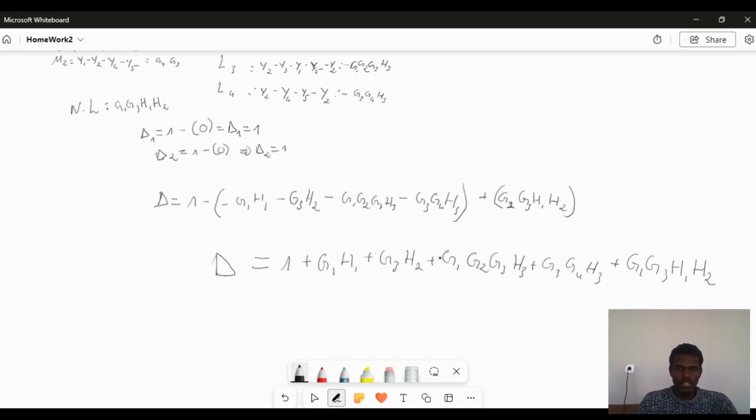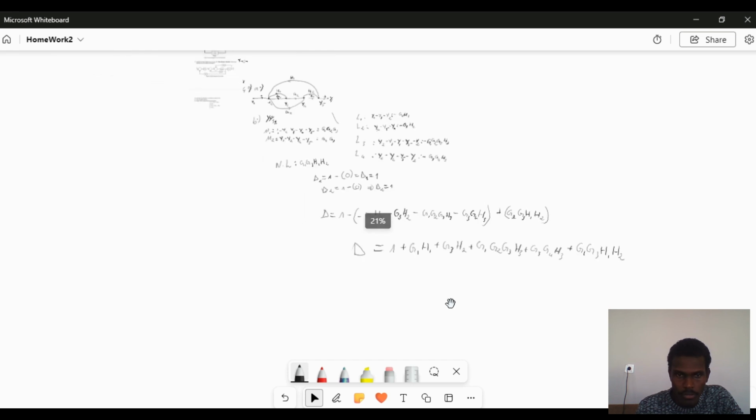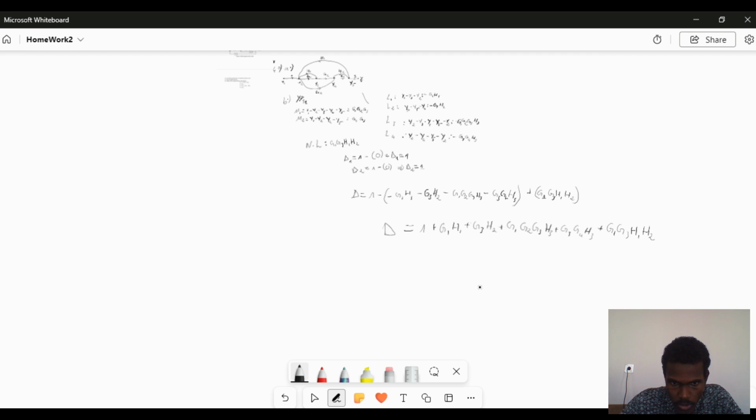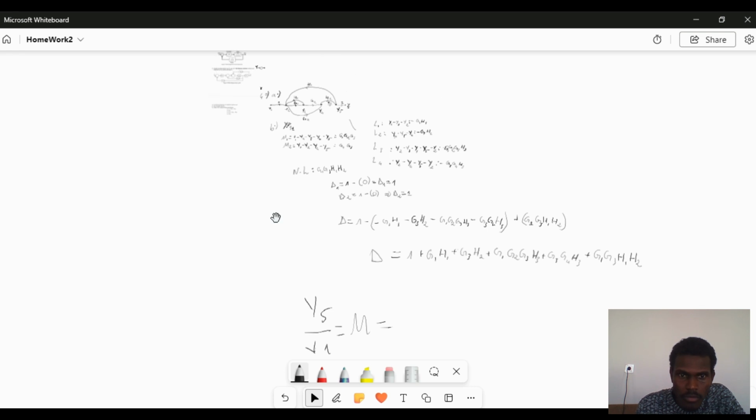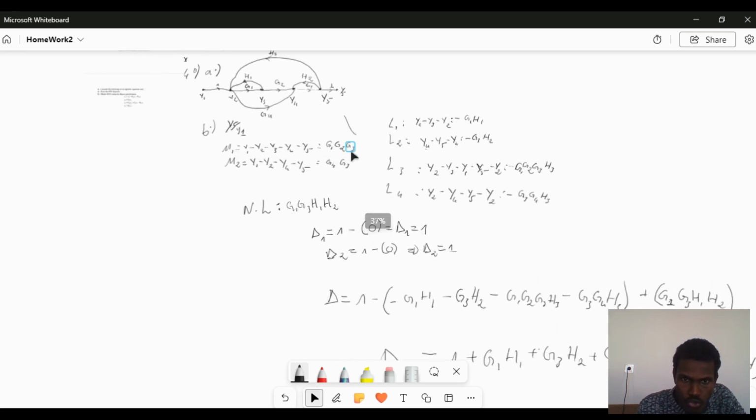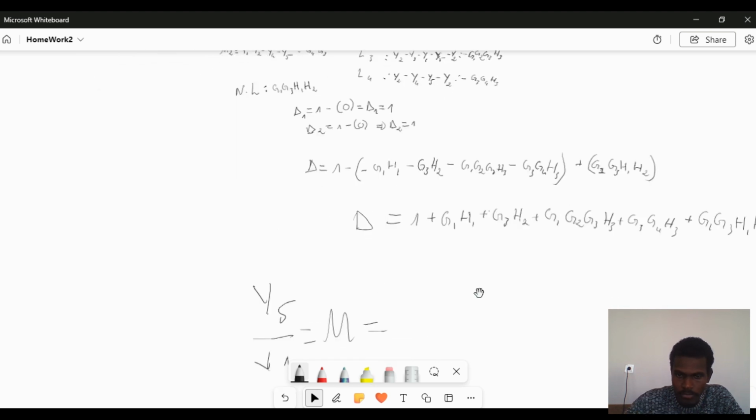And as we have found our delta, we can find the whole transfer function. y5 over y1 is equal to the sum of M1 delta 1, so g1 g2 g3 times delta 1, which is 1, plus M2 delta 2.